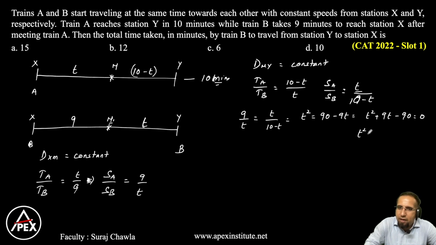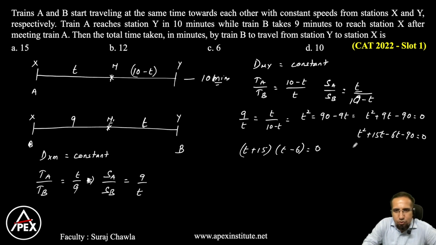So we can take this as plus 15T minus 6T minus 90 is equal to 0. So eventually we have T plus 15 into T minus 6 is equal to 0. Since time T is the time taken, the value of T should be 6 and not minus 15. So this is 6, this is 4, this is 6, and this is 9.